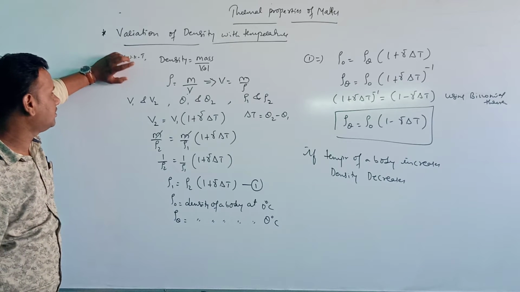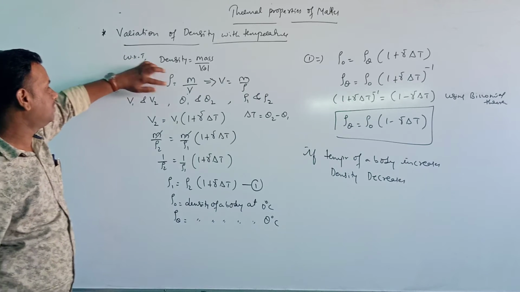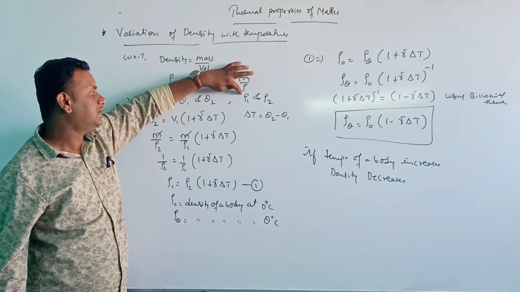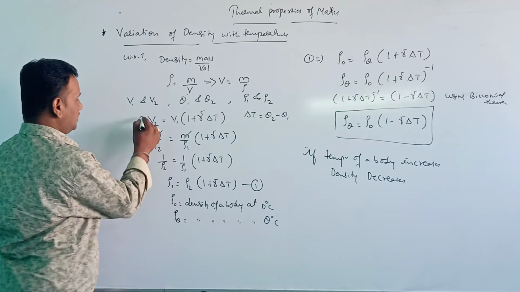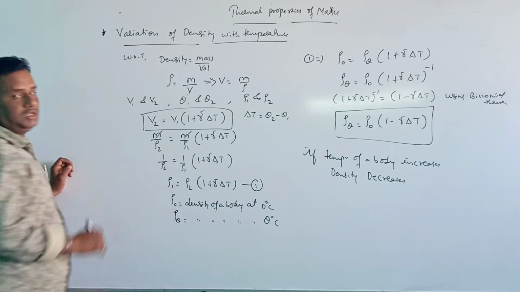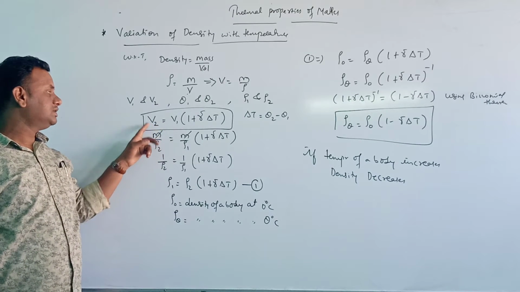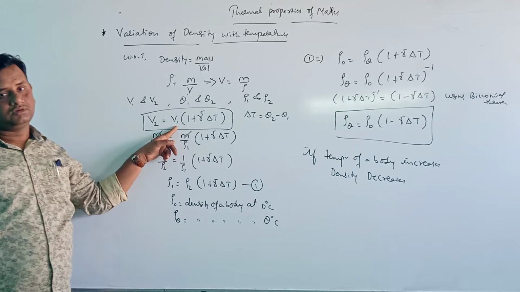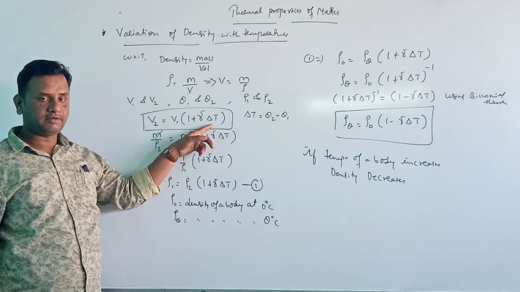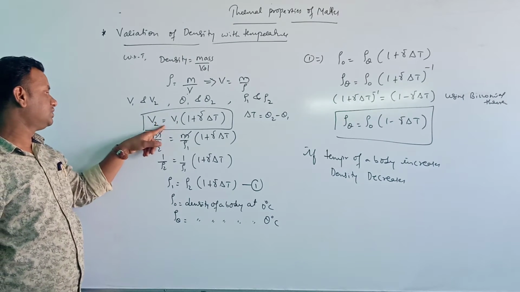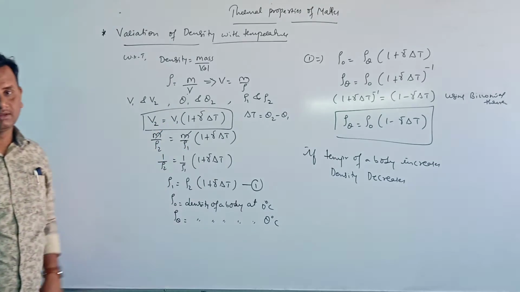Here we have considered the body having volumes V1 and V2 at temperatures theta 1 and theta 2, and rho 1 and rho 2 are the densities of the body. In volume expansion, we discussed that after heating, V is equal to V naught into 1 plus gamma delta T. The same expression can be written as V2 is equal to V1, where V2 is the final volume and V1 is the initial volume.